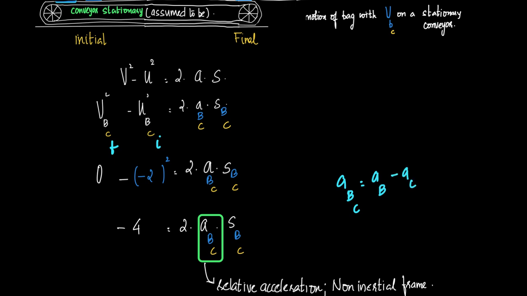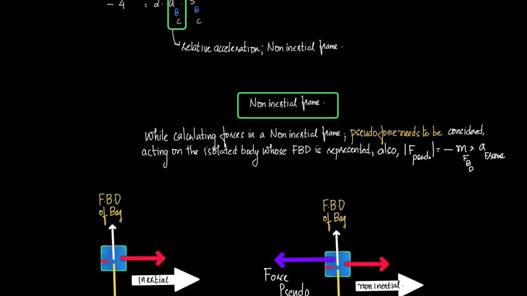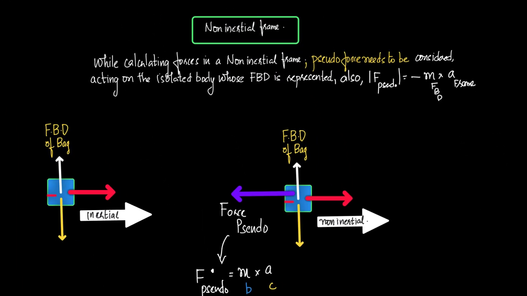Why? Because this is a non-inertial frame, and what comes into picture in a non-inertial frame? The concept of pseudo forces, right? So let us first go through a basic introduction of what a non-inertial frame is. While calculating forces in a non-inertial frame, pseudo forces need to be considered, which is meant to be acting on the isolated body whose free body diagram is represented.